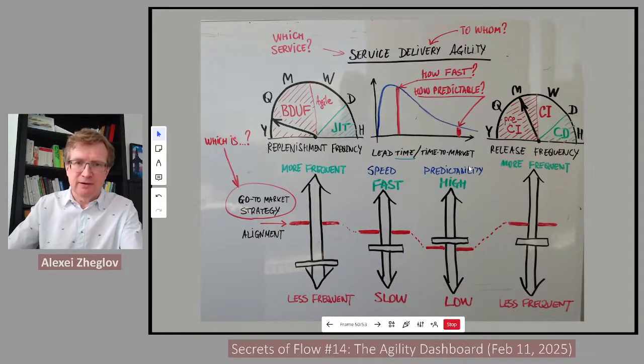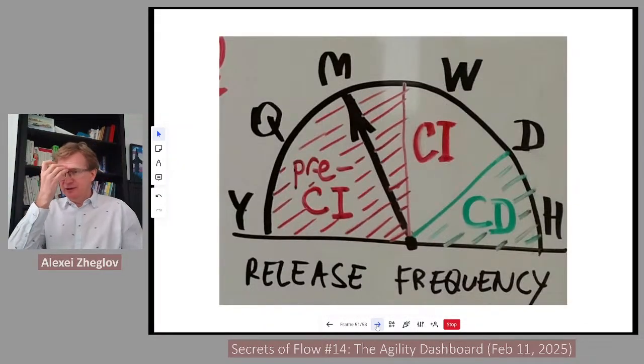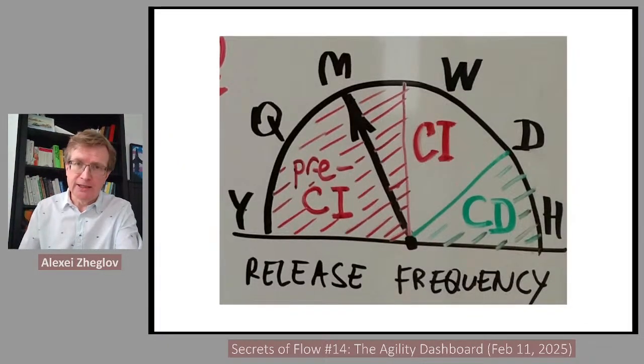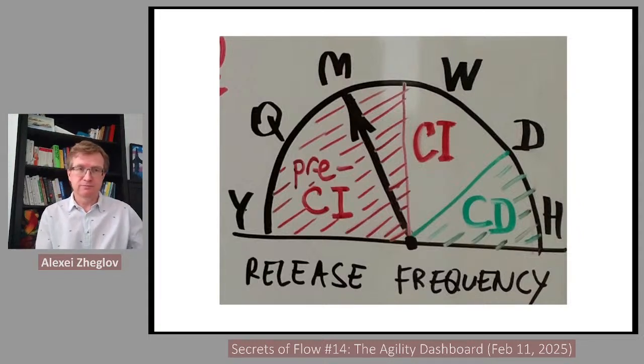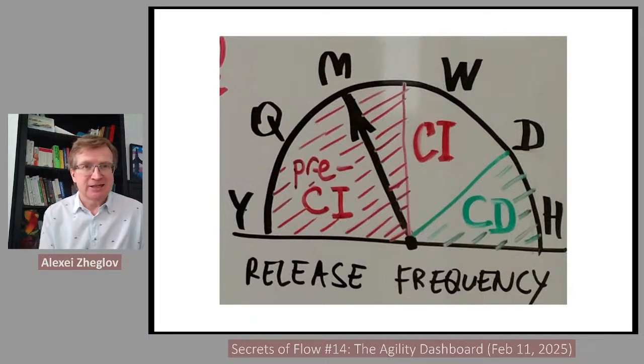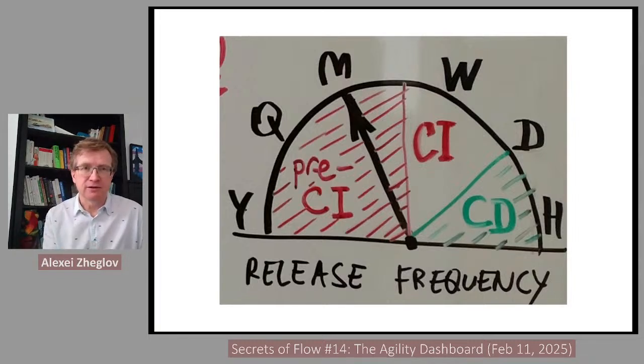So let's zoom in on the right-hand side of the picture, where we have this gauge showing the release frequency for, let's say, our technology product or professional service. What's interesting, the scale of this gauge is indicated not with numbers, but with letter-like symbols like Y, Q, M, W, D, and H, which stand for yearly, quarterly, monthly, weekly, daily, and hourly.